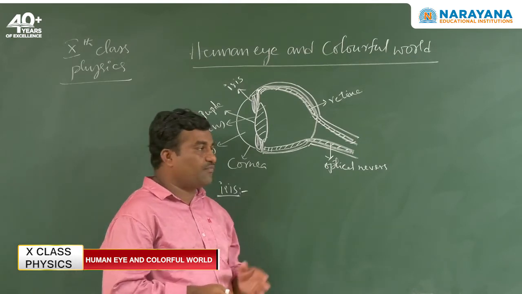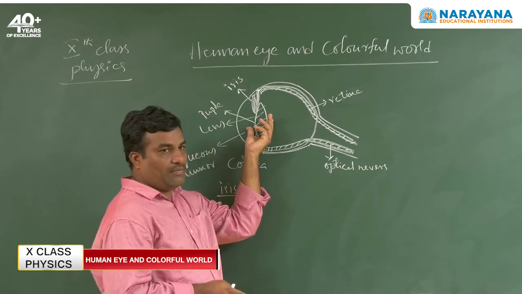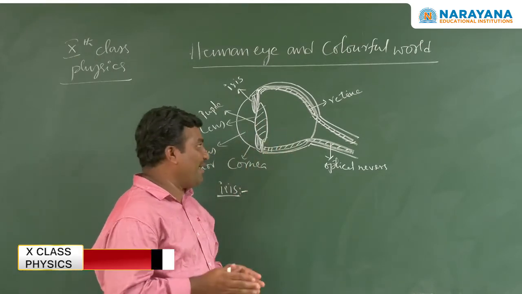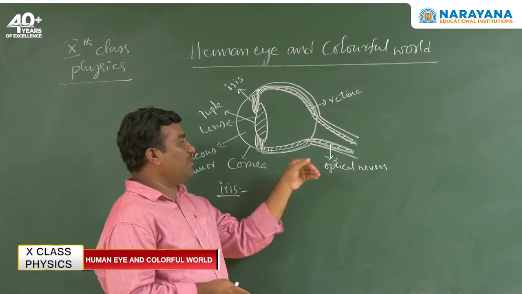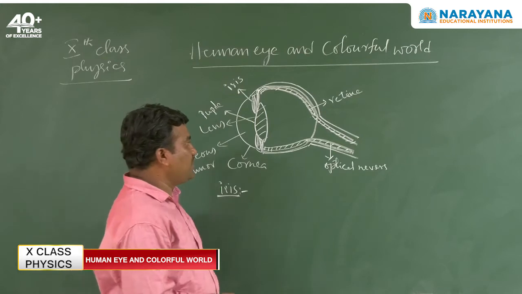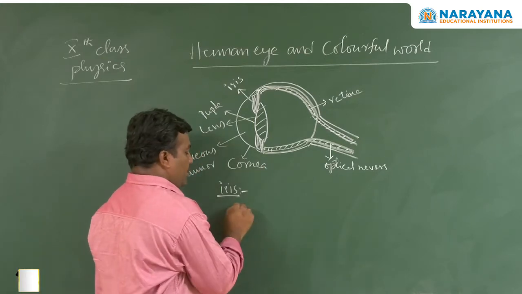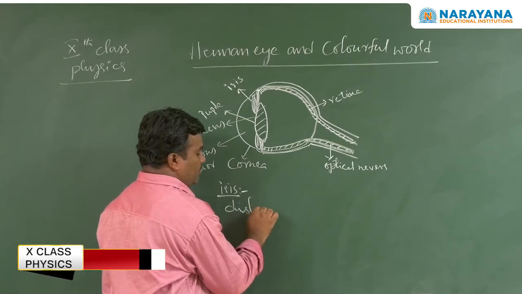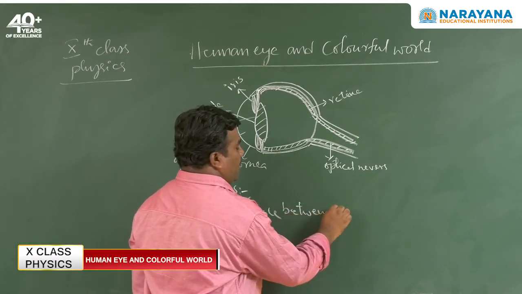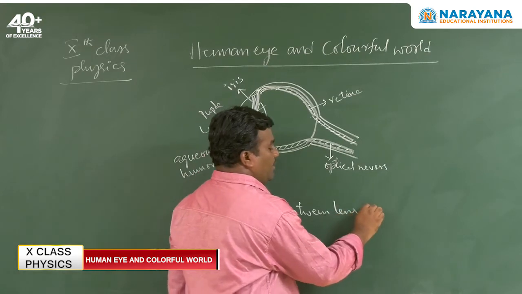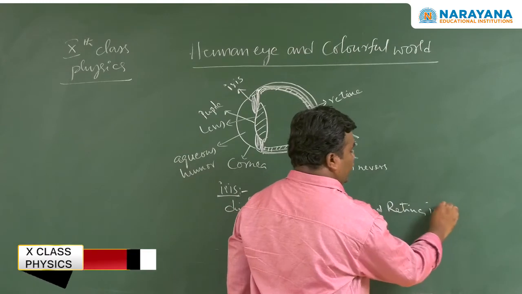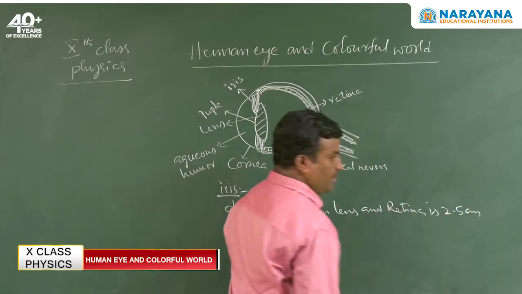When light rays fall on the eye lens, the rays are refracted and give the image at the retina. The distance between the lens and the retina is 2.5 centimeters.